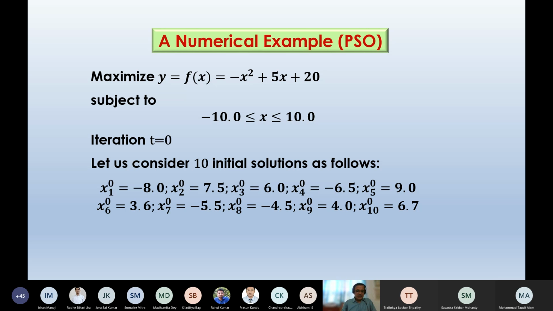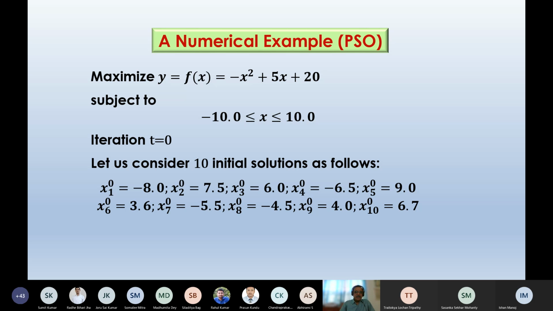Now x10 is minus 8.0, lying between minus 10 and plus 10. x20 is 7.5, x30 is 6.0, x40 is minus 6.5, x50 is 9.0. Similarly, all such 10 solutions lying within this range, I have selected at random for the hand calculation.